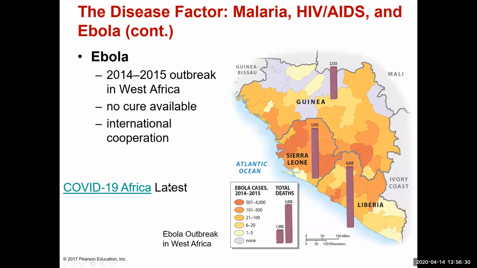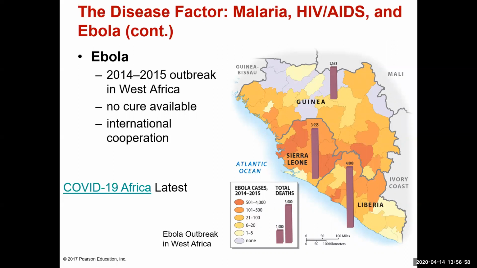Now, some of the big disease issues Africa had was, of course, Ebola. There were some outbreaks in 2014-15. There's no official cure, similar to what we see with diseases like COVID-19, which spread, and people literally just have to prevent it by disinfecting.